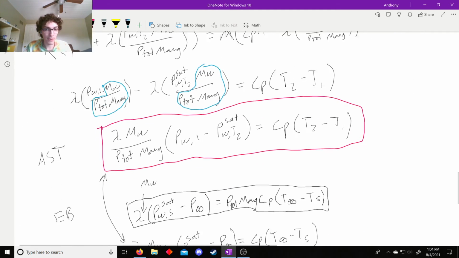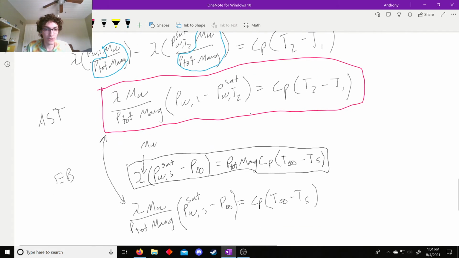So in the case of our thermometers, that would correspond to the environment, or what we referred to as infinity. So we could say that this is equal to the partial pressure of water in the environment. So that would mean this is the temperature of water in the environment, and this is the temperature of water at the surface, or at our wet thermometer wrapped in wet cloth.